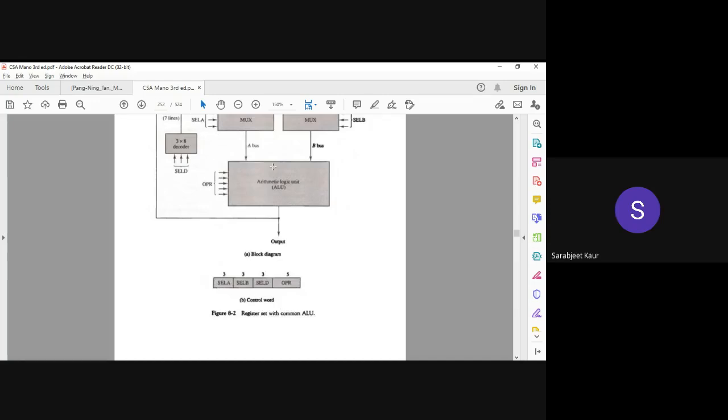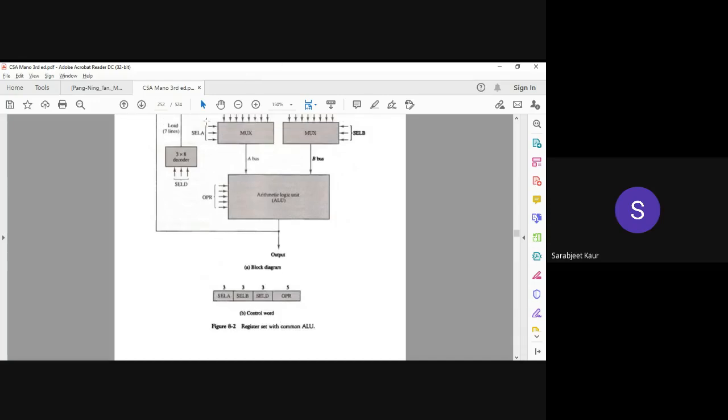It consists of selection lines cell A, which tell us which register the operand 1 is stored in, cell B to tell us where the operand 2 is stored, then cell D to tell us where the result should be stored, and 5 bits for OPR which tell us which ALU operation is to be performed. Is this clear? So together, this word is called the control word.